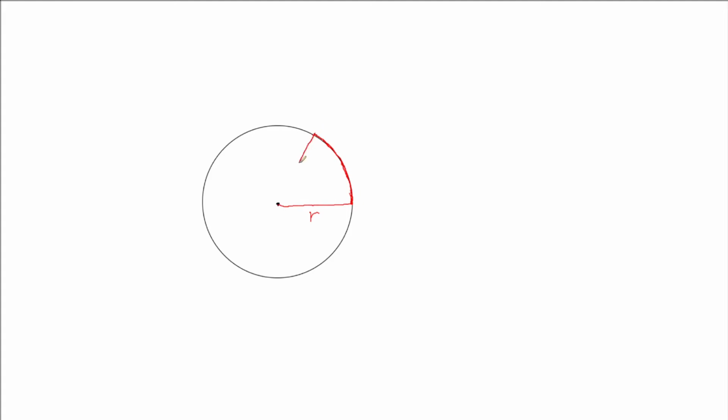And so then if I complete the sector that I've got, where this is another radius, these distances are both straight, and this is a curve, the arc length. It's an arc length of the radius, and we end up creating an angle, or a sector, and the size of that angle is 1 radian.